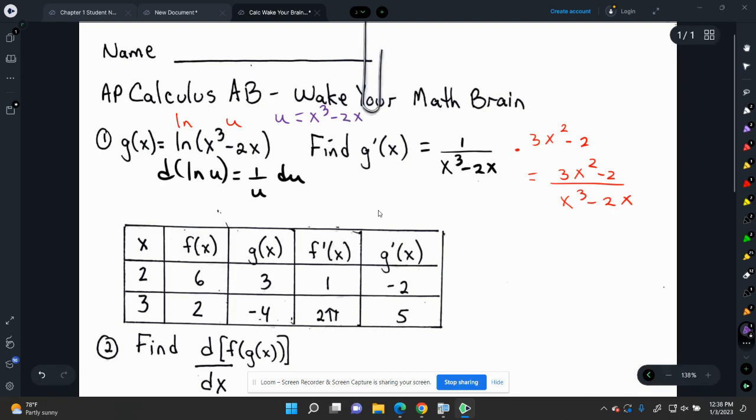The derivative of the natural log of u is 1 over u times du. So 1 over u would be 1 over x cubed minus 2x. And then the derivative of that is the 3x squared minus 2. So this is one of those cases where trying to do the outside inside instead of u substitution can be very confusing. Okay? So that's your answer right there.